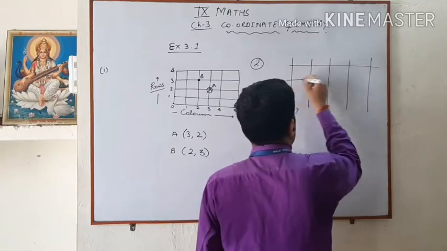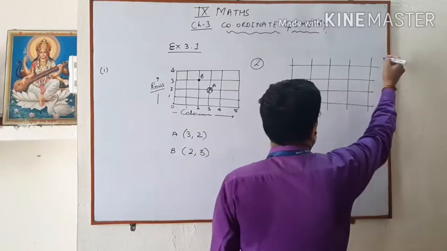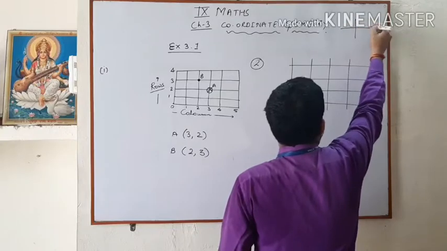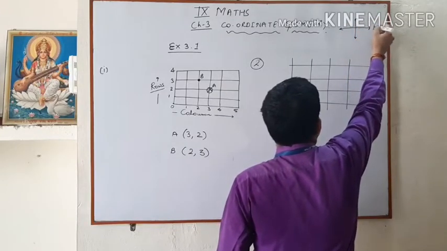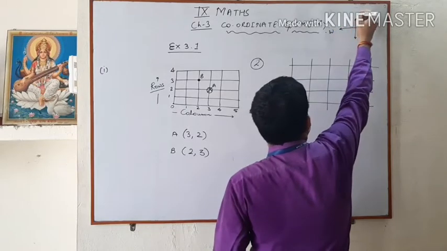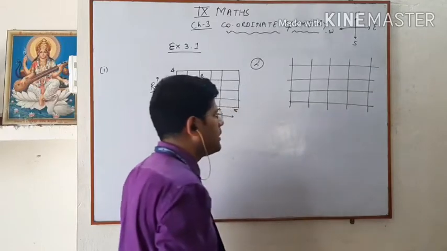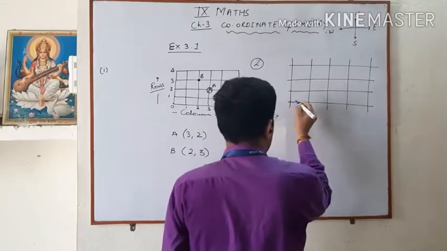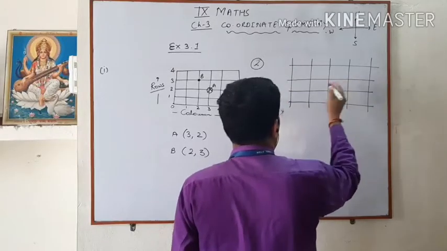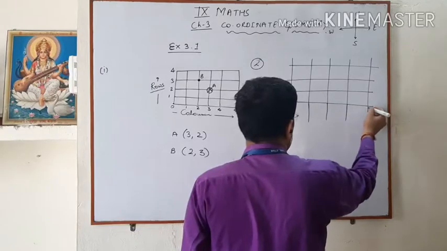Some streets are in the east-west direction. As in our social science, in coordinate direction, this one is east, this must be west, this one is north, and the other one is south. So each horizontal line represents the east-west direction, and each vertical line represents the north-south direction.